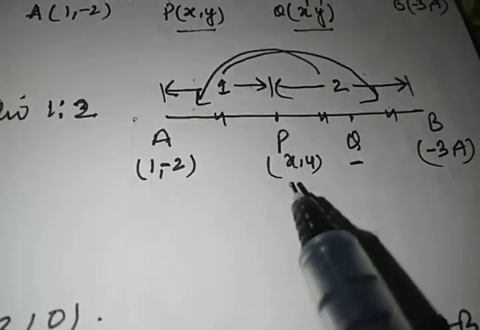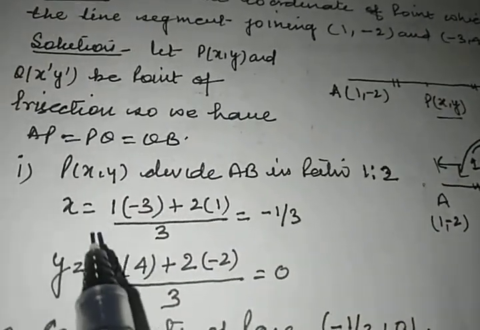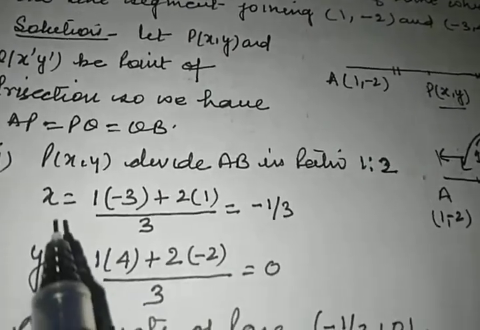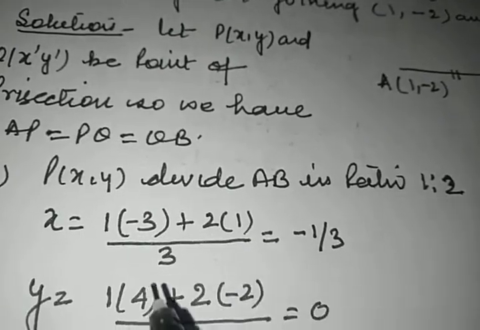We want to find P. We have this point, we have this point, we have the ratio, so directly apply the formula. But first write the formula everywhere. I have not written it, but that doesn't mean you also won't write it. Write the formula first, then apply. The x coordinate will be (1 into -3 plus 2 into 1) upon 1 plus 2, which is 3.